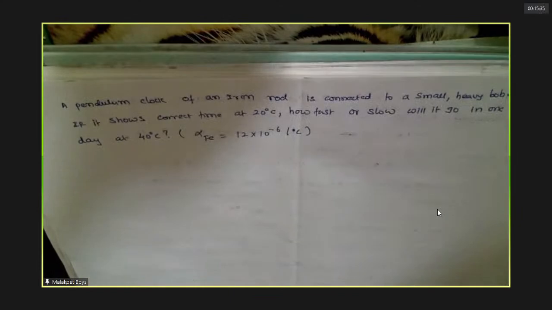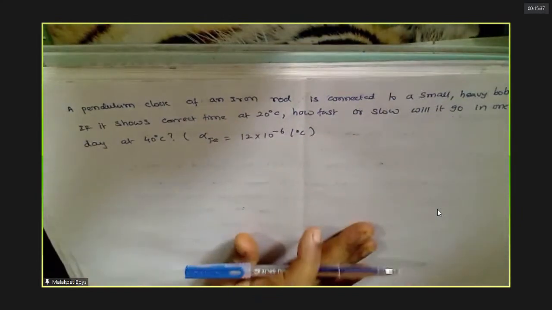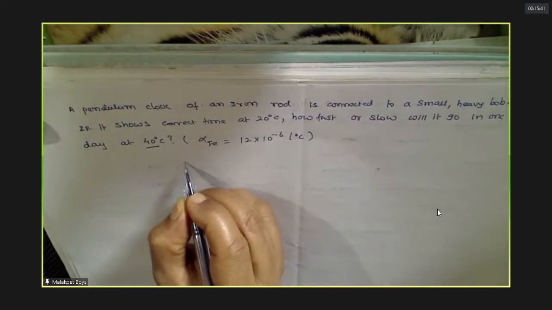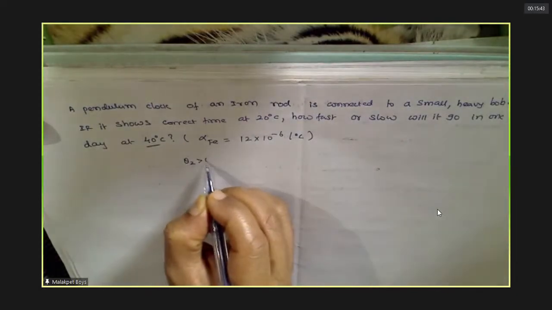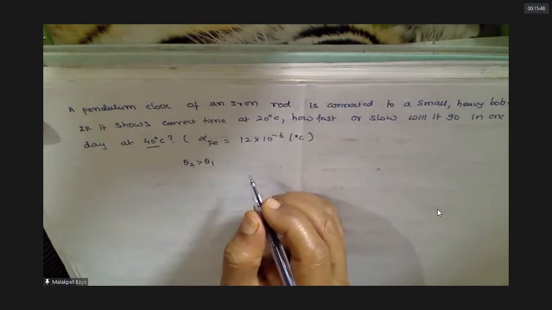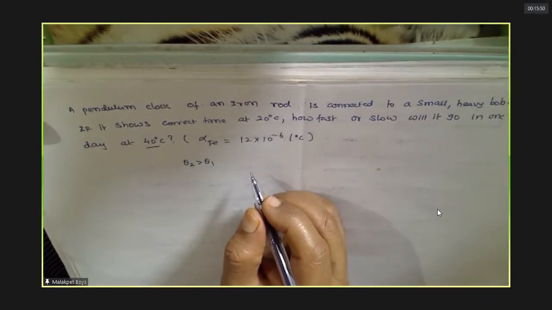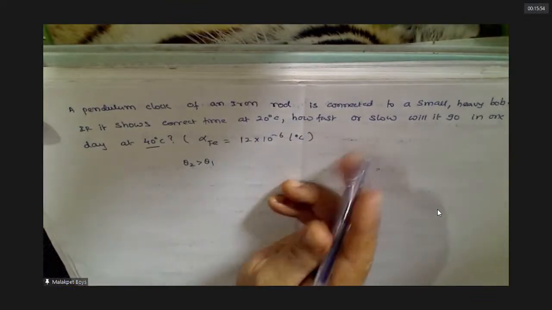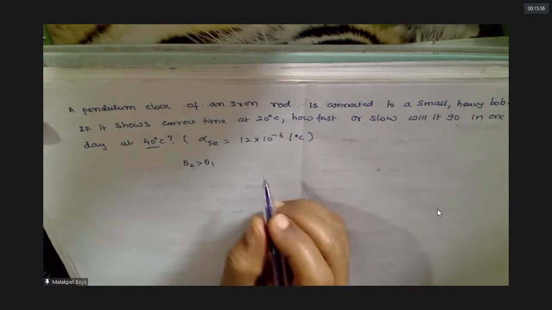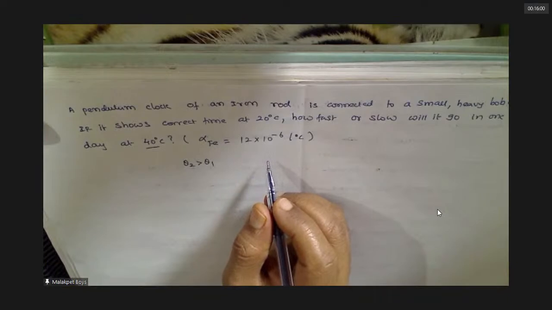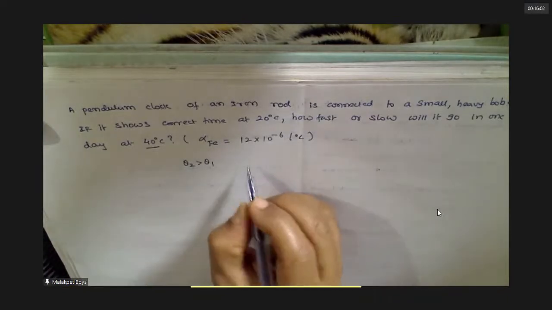You can see that 20 degrees. Temperature is increasing now. So it loses time. It will be losing time or not? So the clock will be slow. You have to find out in a day.